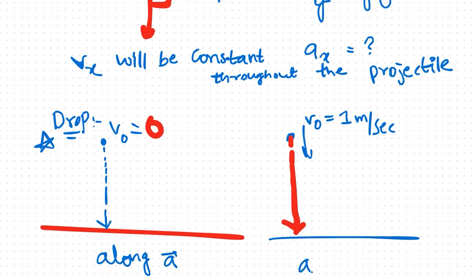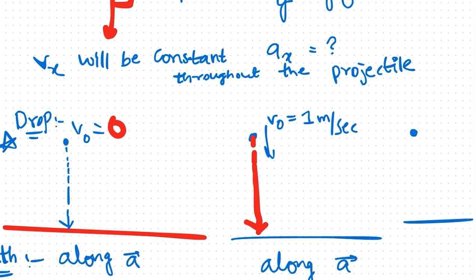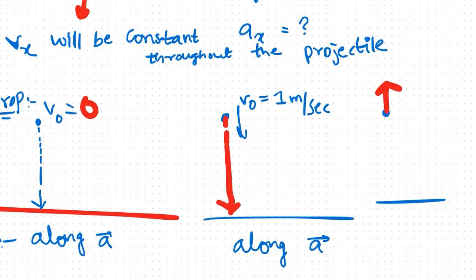The path will be along the acceleration still. But if it is thrown anti-parallel to gravity, anti-parallel means the opposite, so thrown vertically up, the path will be in the opposite direction, and then it'll have to come down. So it will come down. This path is called what?